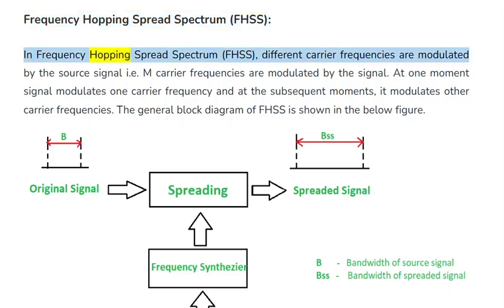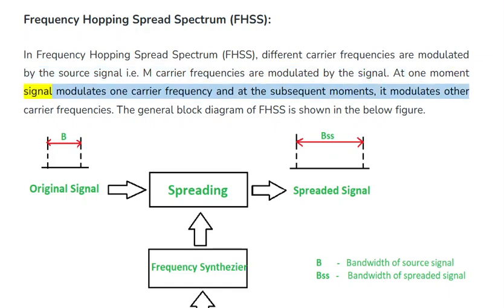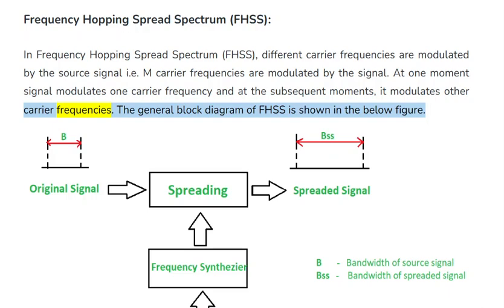In FHSS, different carrier frequencies are modulated by the source signal, i.e. M carrier frequencies are modulated by the signal. At one moment the signal modulates one carrier frequency, and at subsequent moments it modulates other carrier frequencies. The general block diagram of FHSS is shown in the figure below.